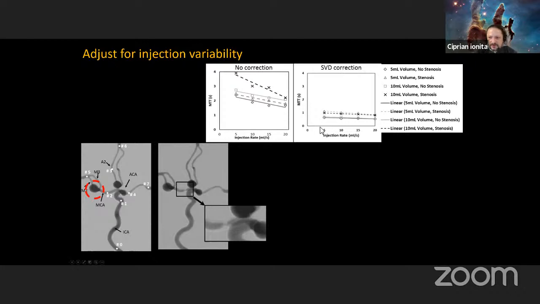And we have developed something called SVD, single value decomposition correction, where you go for the ICA. You take the arterial input function like you do in CT perfusion, and you correct for it. And not only that, we flatten it. What this process does is simulate or bring the data as if you did a hand injection with a delta function.